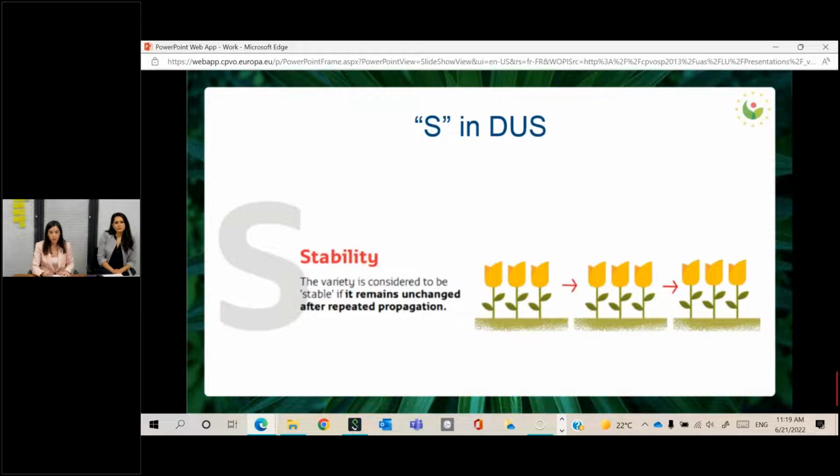This pink rose should still be pink after repeated propagation. It should not start becoming a little bit whitish; the color needs to be stable. The stability feature of a variety is linked to the feature of uniformity, and normally if a candidate variety is deemed uniform, it is also deemed to be stable.